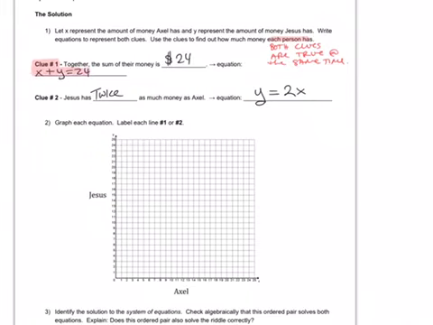X plus y equals 24. I'm going to do clue number 2 in blue. Y equals 2x. So if you recall, the x plus y equals 24 line had a y-intercept of 24 and went downhill with a slope of -1.